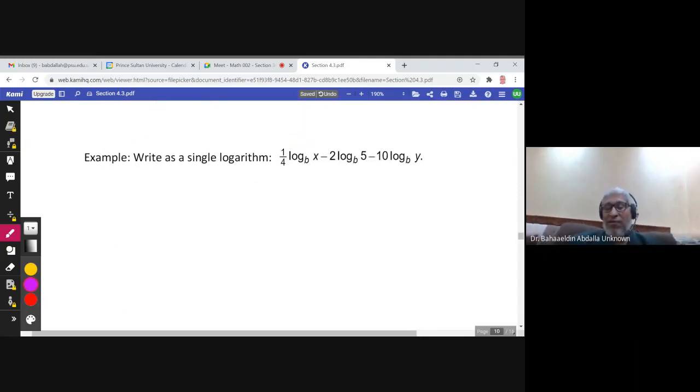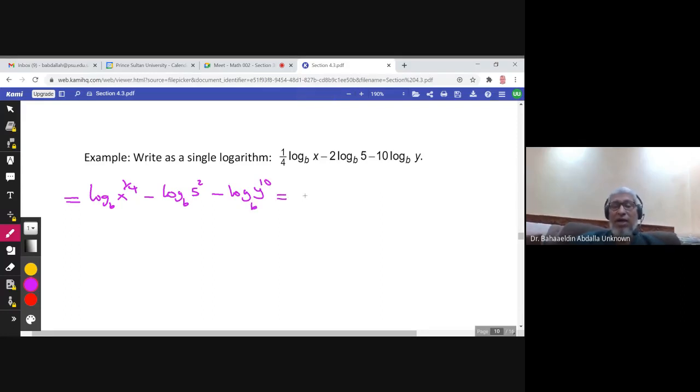Here I have 3 logs, and the question is to write as a single logarithm. The first step, because you have 1 over 4, 2, and 10, is to take all of these numbers up using the power rule. So it would be log of x to the power 1 over 4 to the base b, minus log of 5 to the power 2 to the base b, minus log of y to the power 10 to the base b.